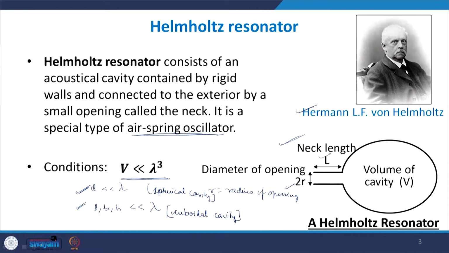So, all the larger wavelengths, which means if you convert it into the frequency domain, all the frequencies which are smaller than what it is set out for. So, usually it is used for low frequency absorption, and the scientist who proposed this resonator was Hermann von Helmholtz. He was the one who came up with this concept of the Helmholtz resonator.